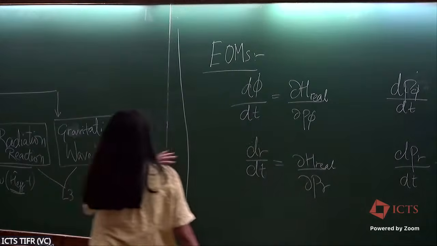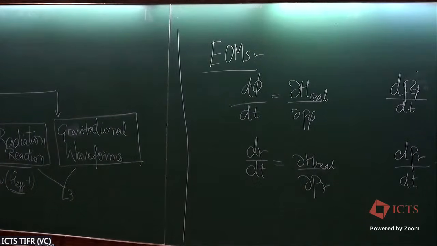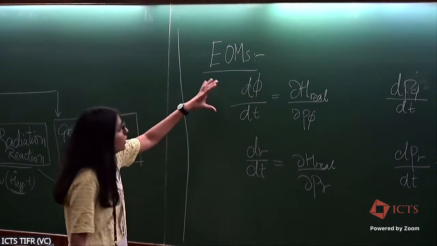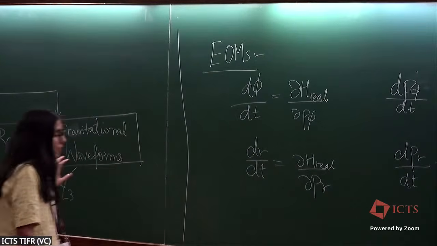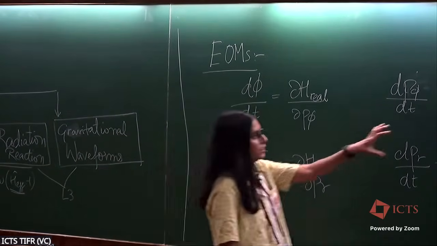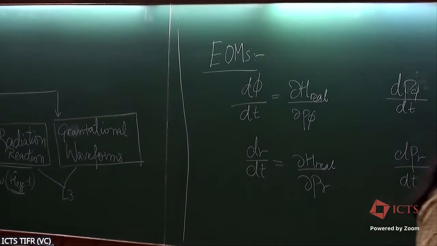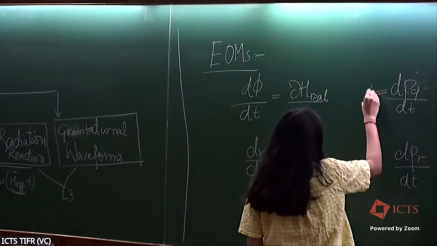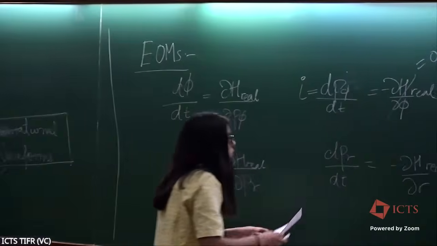So the Hamilton's equations should also correspond to the real Hamiltonian. And then this H real is related to the effective Hamiltonian using this energy map. And we can insert it back here to obtain these equations in terms of the effective Hamiltonian as well. And for the test body case, we saw that the H real is not dependent on phi. So this term is 0. And this is nothing but the angular momentum L dot, the angular momentum loss.